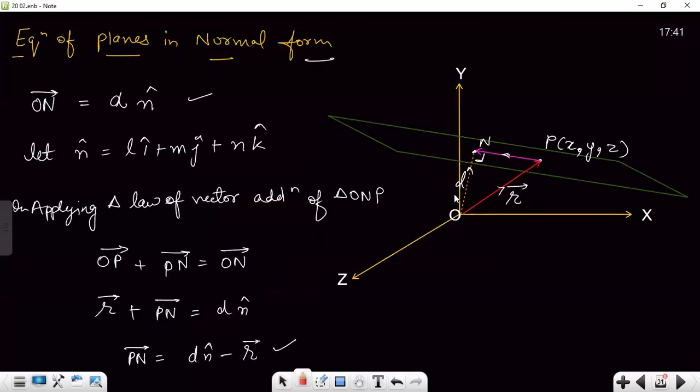Then we discussed the equation of a plane in normal form, where a vector from the origin is perpendicular to the plane. Remember, this vector is from the origin and the distance is also.